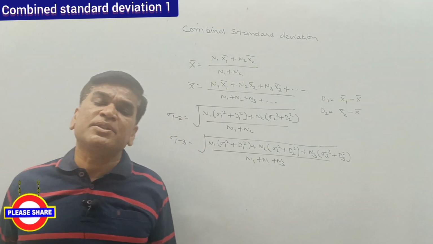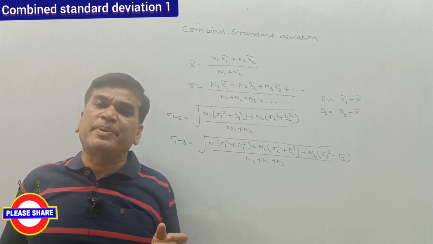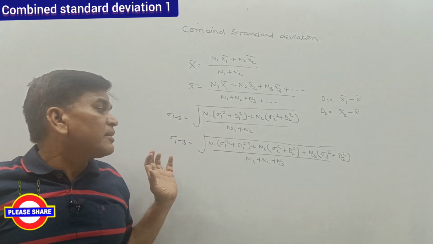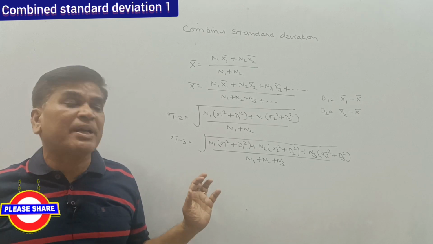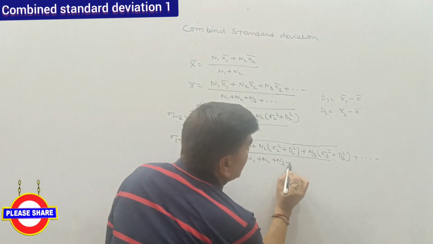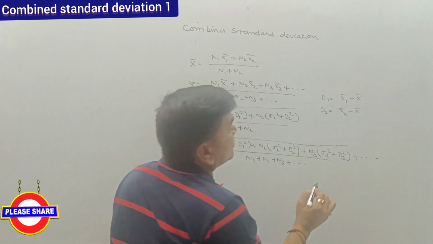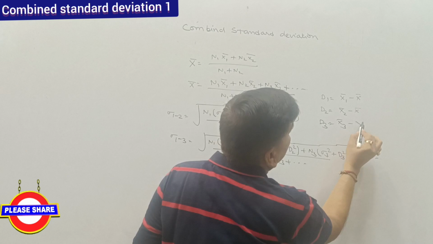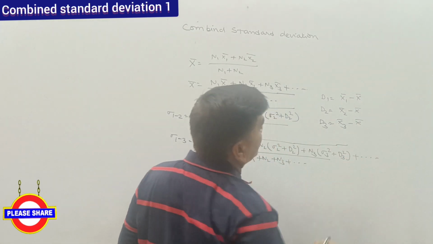Depending on how many parts there are, the formula will be expanded. If there are more than 3 parts, we add them in the same way. And d3 will be x bar 3 minus the combined mean.